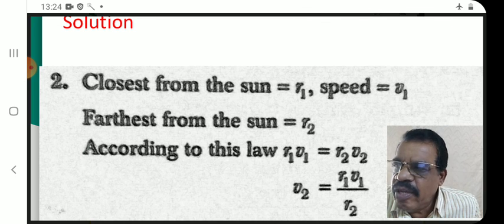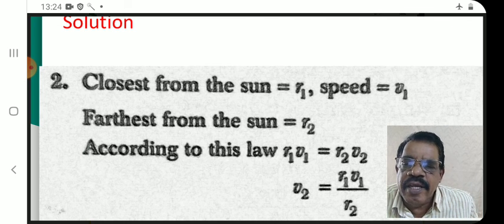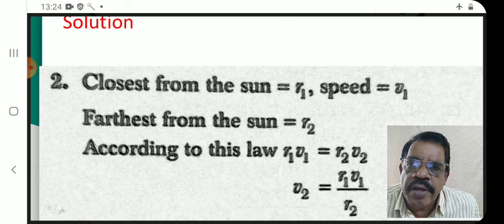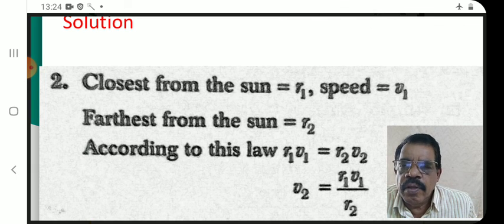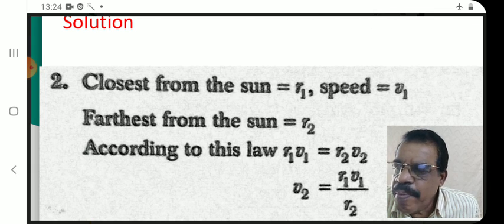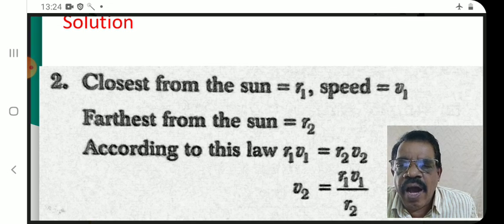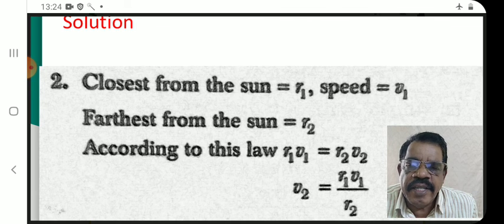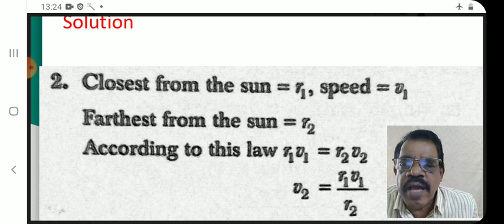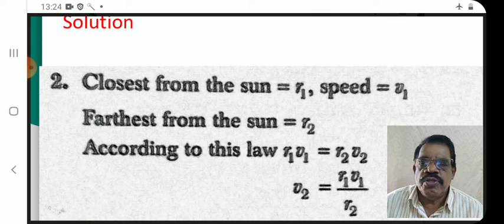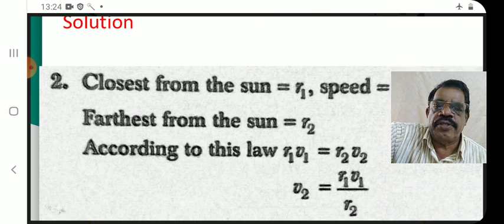Angular momentum is measured as I omega, or here as m v into r, that is m r v. For the planet at one point, the angular momentum is m r1 v1. At another point, it is m r2 v2. M cancels, so we get v2 is equal to r1 v1 by r2. That is the answer.